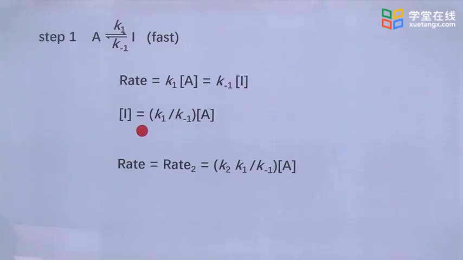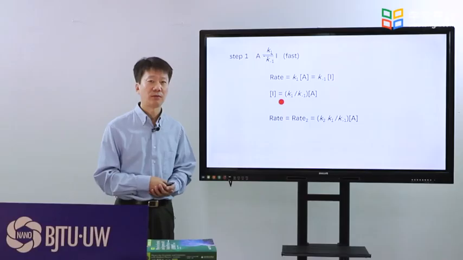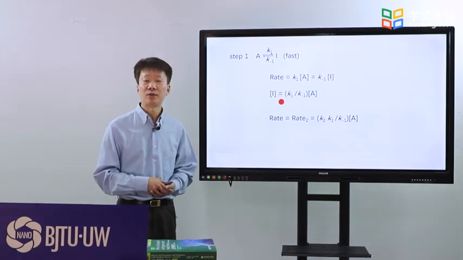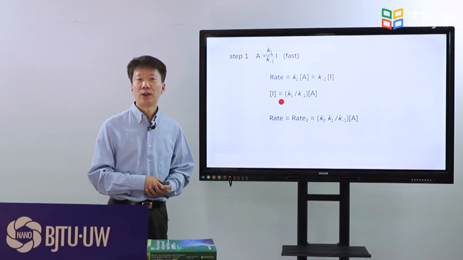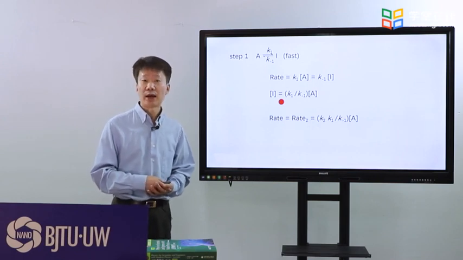Because the step 1 reaction is fast, the intermediate will not be consumed by the step 2 reaction in a very small time interval. The rate of the forward reaction equals the rate of the reverse reaction.